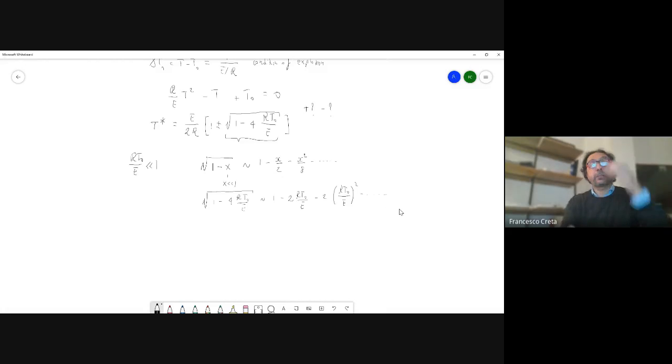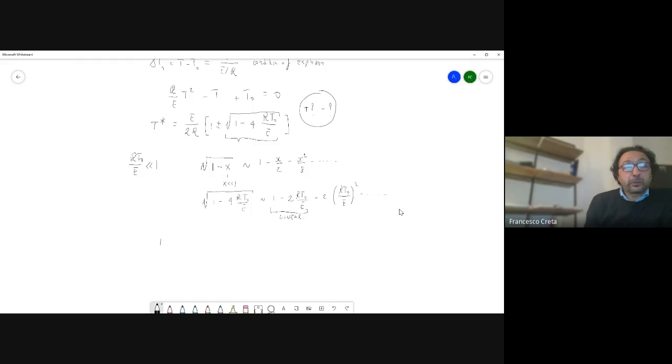So again, let me just remind you that we're trying to choose whether this is plus or minus. So what do we do? For example, let's take only the linear part. So we're approximating the square root. You can hear me still, right? Yes, yes. Allora, we retain only the linear part, okay? And so it's a very crude estimate or a very crude assumption, but let's make this first.